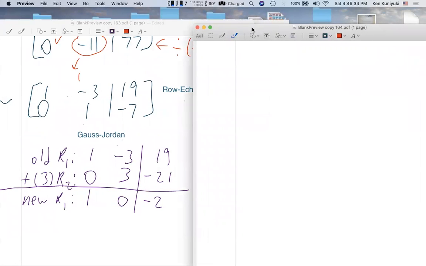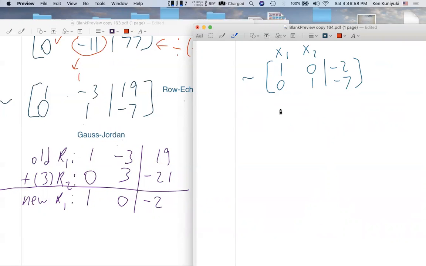So the new row 1 is 1, 0, -2. The old row 2 we keep: 0, 1, -7. In fact, I barely care that it's x1, x2, because we don't write these unknowns in the final answer.